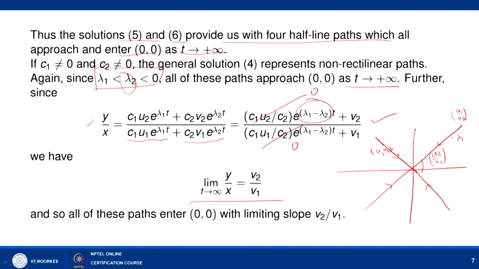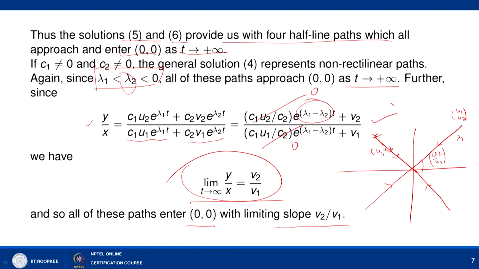Now, it is saying that if we take any path and consider t tending to infinity, then your solution will approach (0, 0) along this line, and since it has a definite slope, we say that every solution will enter (0, 0) with limiting slope v2 by v1.